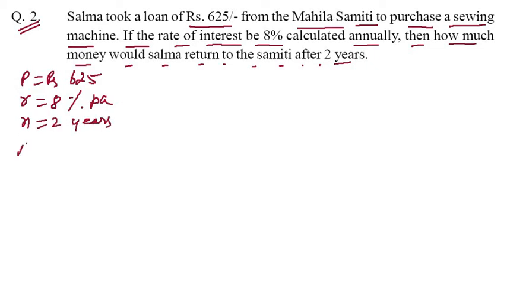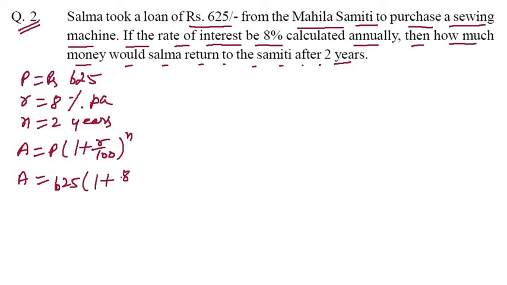Let us apply the formula. Amount will be equal to principal into 1 plus r upon 100 to the power n. So A will be equal to, P is given as 625, and here is 1 plus R, given as 8%, so 8 upon 100 and power is 2. So 4 2s are 8 and 4 25s are 100.